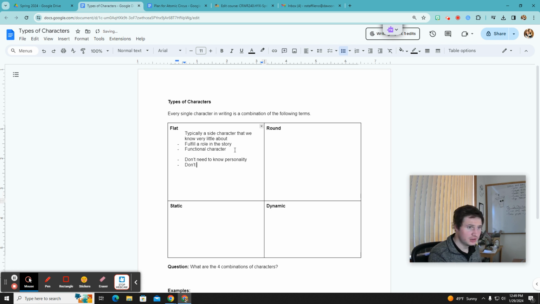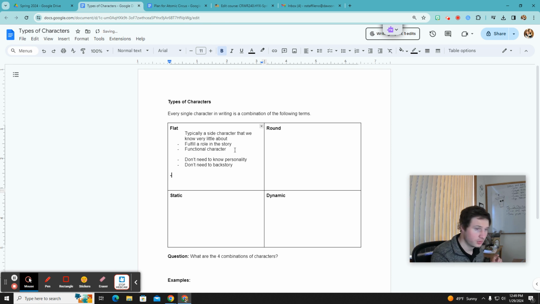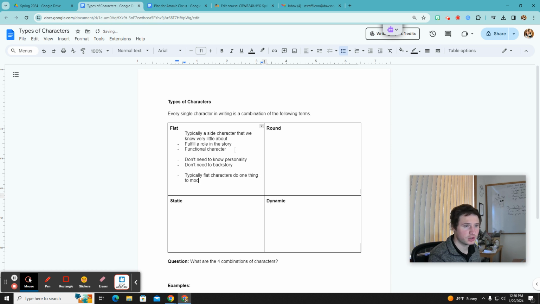We don't need to know backstory. All we need to know is exactly one reason for that character's existence. Typically, flat characters do one thing to move the story along.